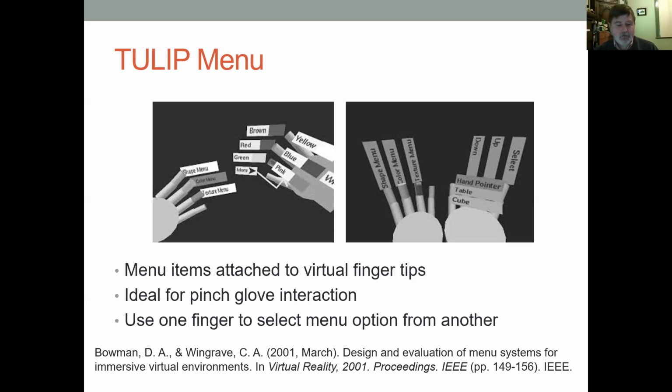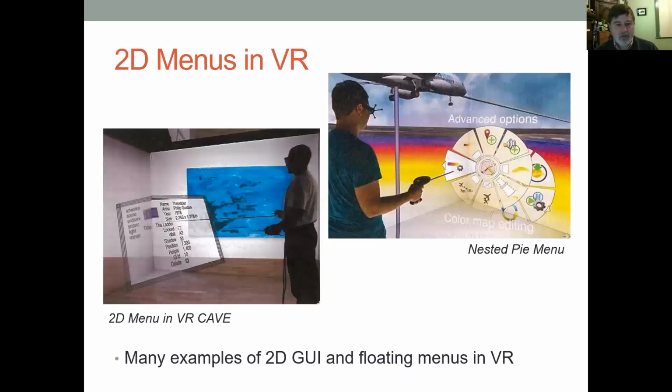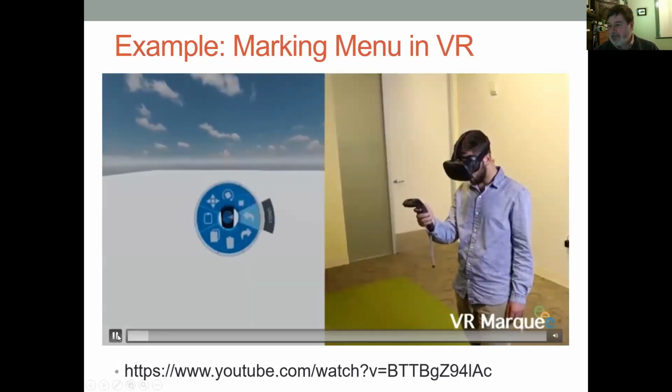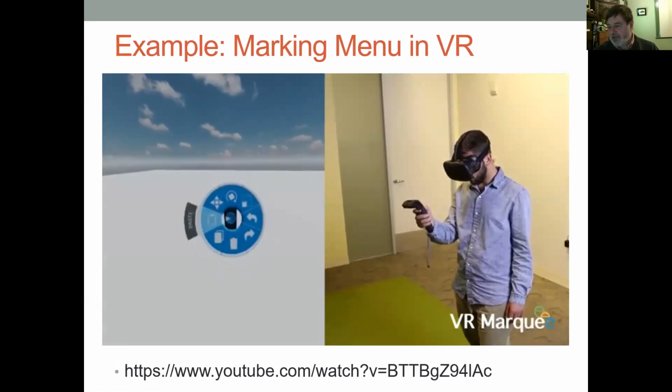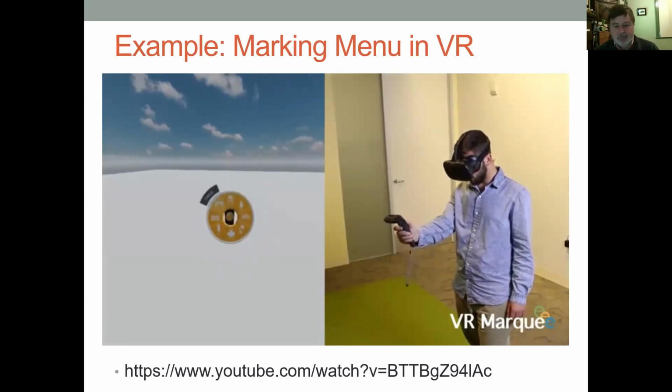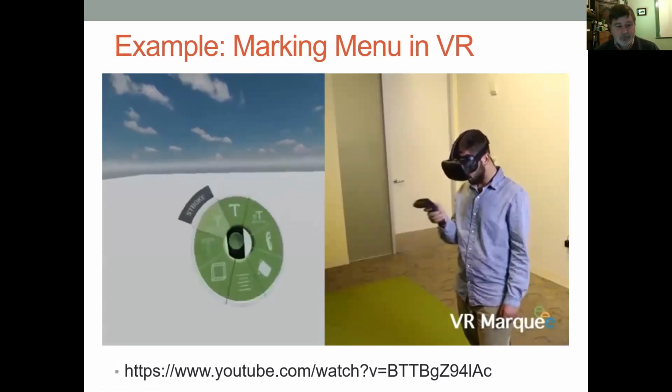We now have the tools to actually do this. So what we can do here is take 2D menus and put them in 3D space, and sometimes it works. Here's an example of just using the thumb pad on the controller and making a radial menu or pie menu out of it. It's not a bad menuing system.